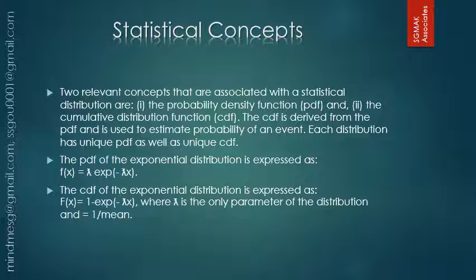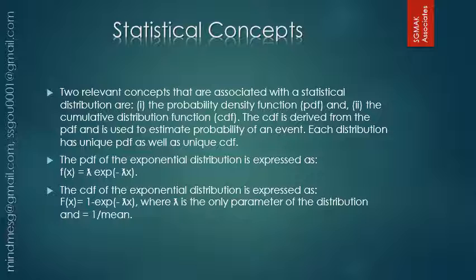One is the probability density function, represented by PDF, and the other is the cumulative distribution function, represented by CDF. The CDF is derived from the PDF and is used to estimate the probability of an event.